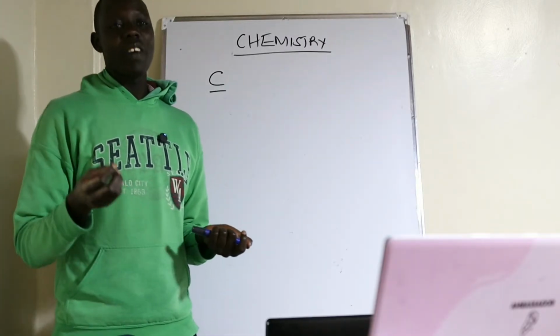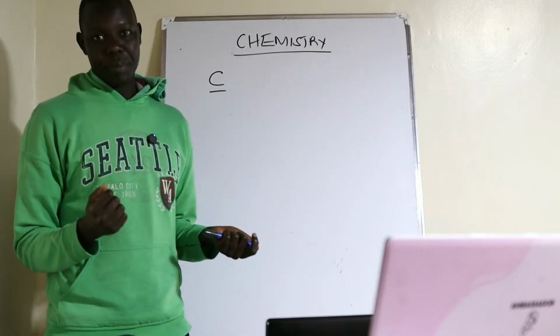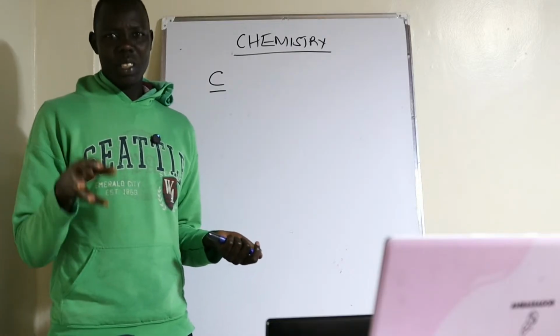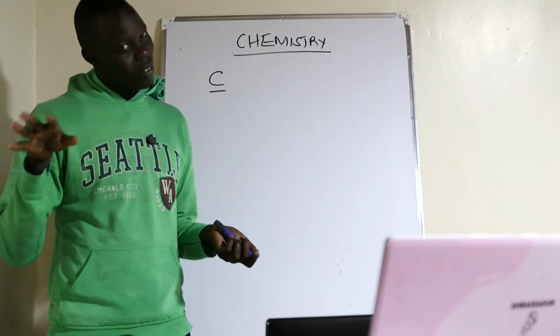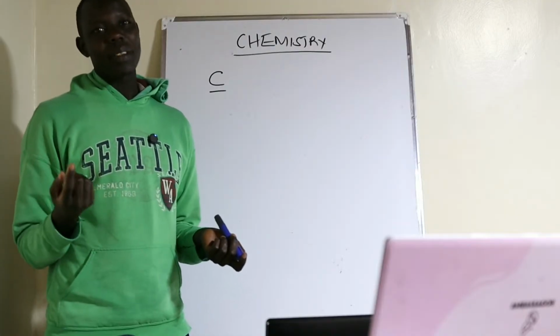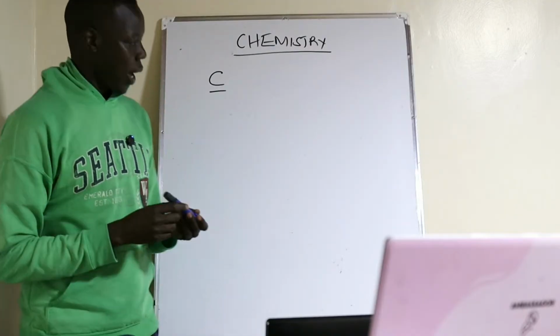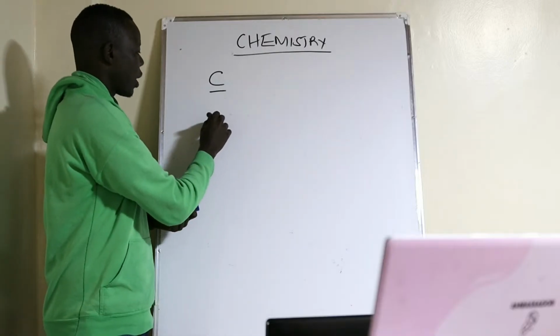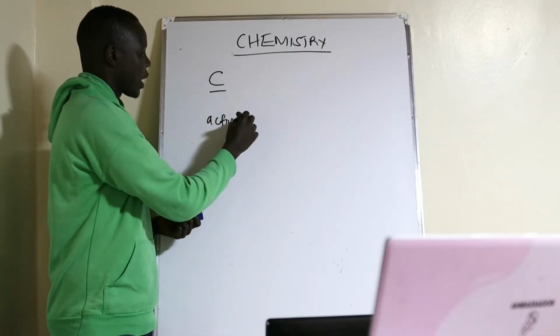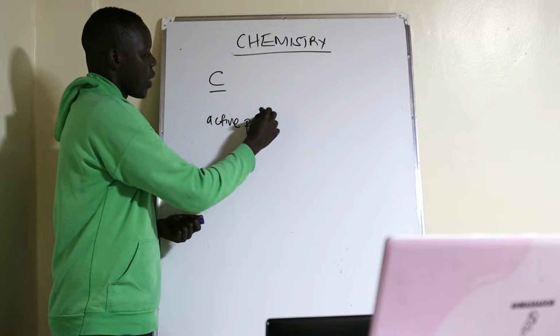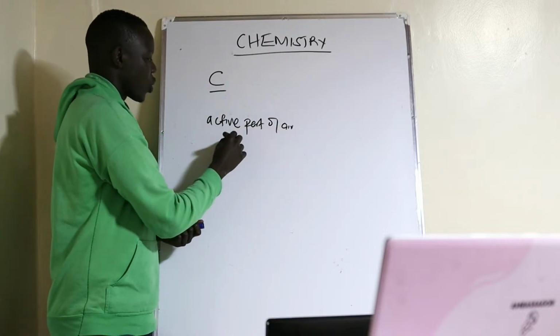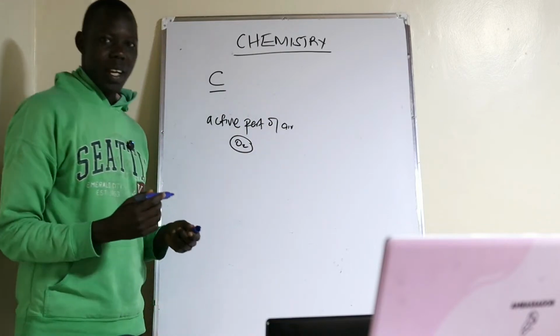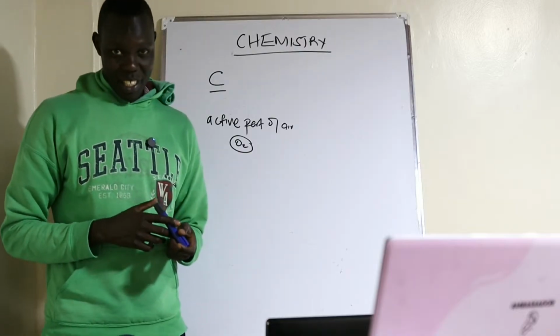Air contains very many components: it has nitrogen, oxygen, carbon dioxide, and water vapor, but the active part of air is the one that will react with the carbon. The active part of air is oxygen. This is the one that is going to react with the carbon.